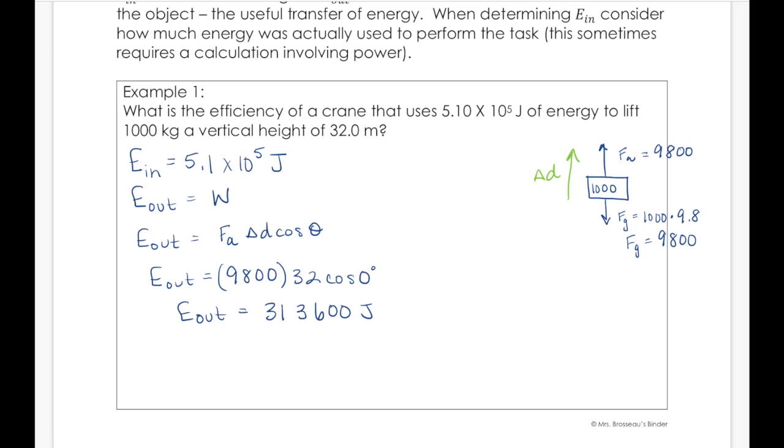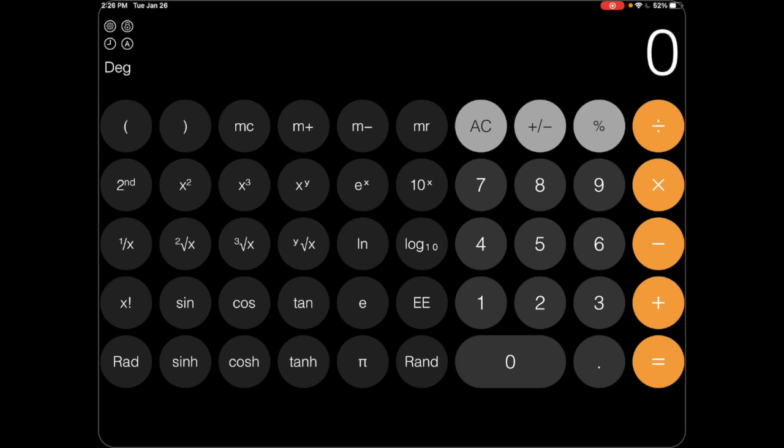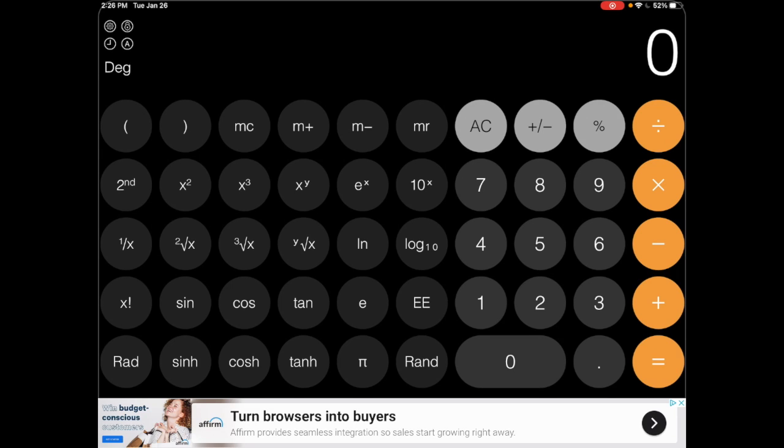Okay, but they didn't ask us for the energy output, they asked us for the efficiency. So for the efficiency, we're going to take the E out, which we just calculated, divide it by the E in, which they gave us as 5.1 times 10 to the 5th joules, times 100%. Okay, and I'll go ahead and show you this on a calculator.